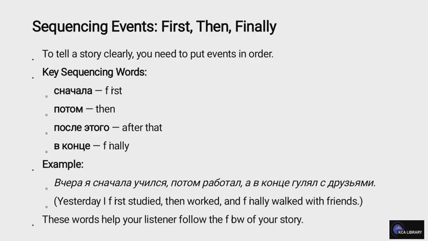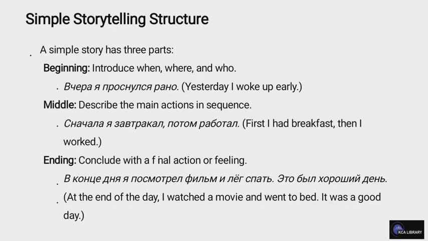Simple storytelling structure. A simple story has three parts. Beginning: introduce when, where, and who. Vchera ya prosnulsya rano. Yesterday I woke up early. Middle: describe the main actions in sequence. Snachala ya zavtrakal. Potom rabotal.